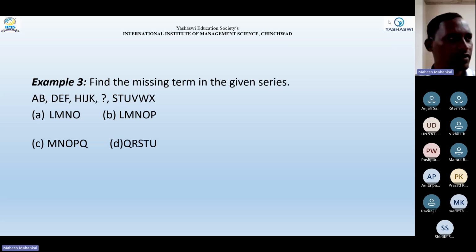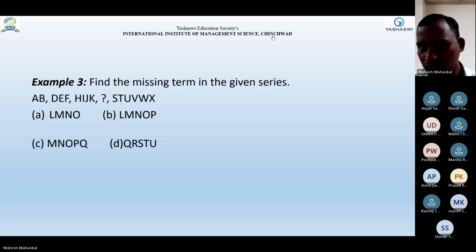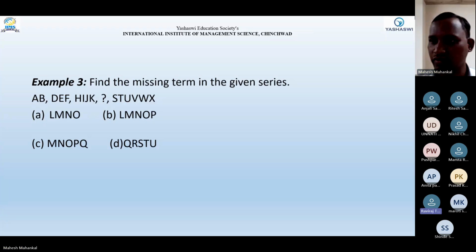Then B. Unnati and Nikhil have raised their hands. QRSTU. Yes, Raviraj, QRSTU. You want to say option D.